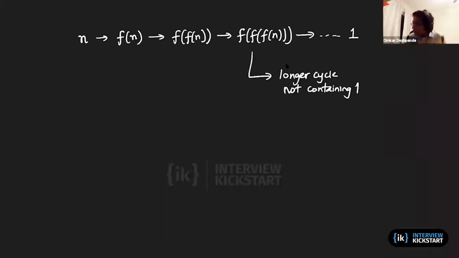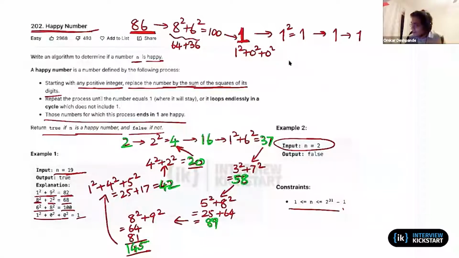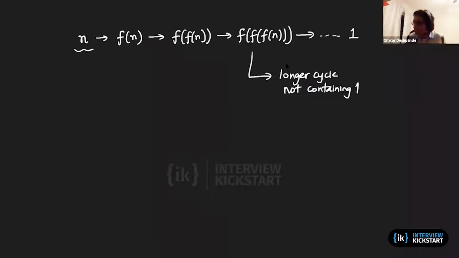So if we look at the whole space of numbers, n here is any number from 1 to 2 to the power 31 minus 1. This would be somewhere around 2 billion, roughly.